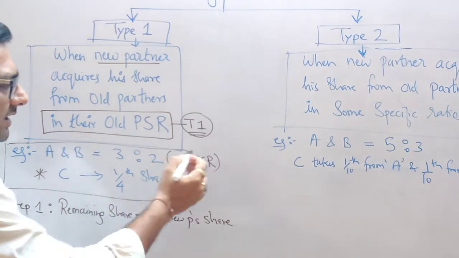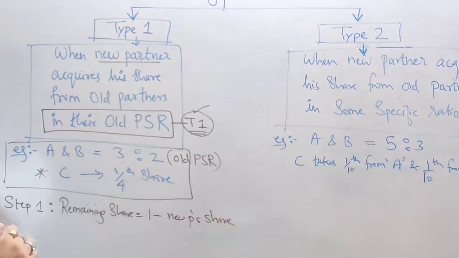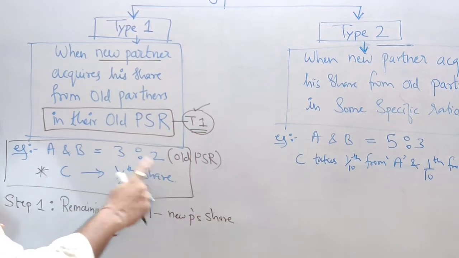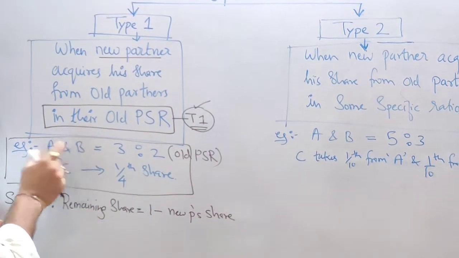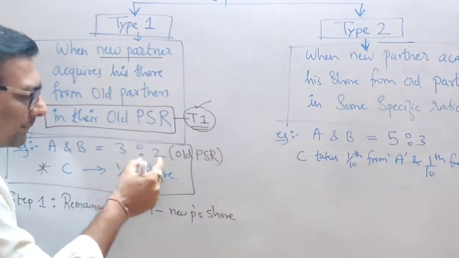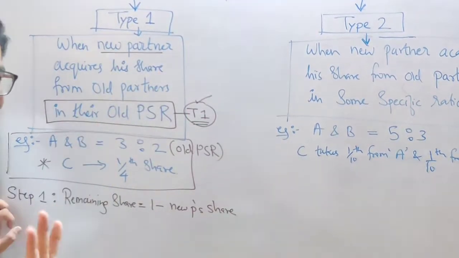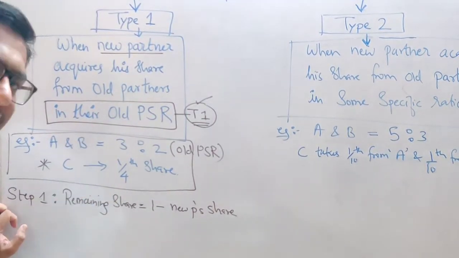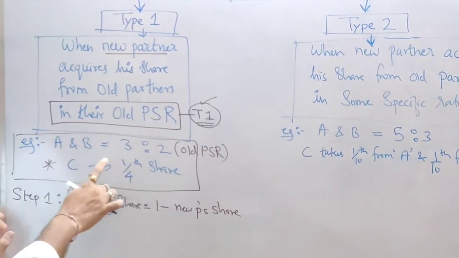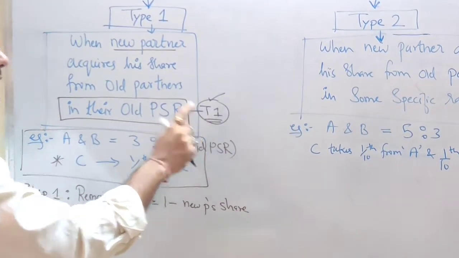If it is not given, it is type 1. Why am I assuming type 1? Because this 1/4 share we are going to give to C in this ratio 3:2 of A and B. So we are giving 1/4 share to the new partner in the old PSR. So this is type 1. This entire thing won't be written in the question, students. They will just write A and B, old ratio is 3:2, new partner is going to get 1/4. When you see this type of question, it is type 1.